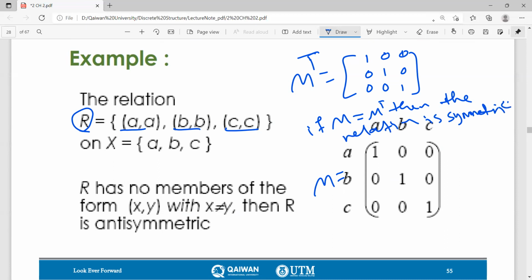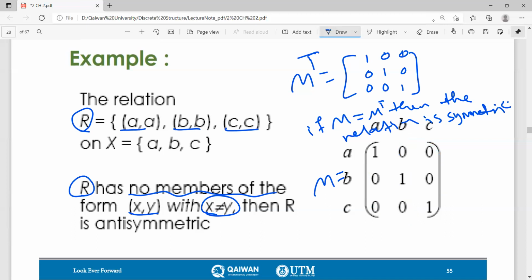That's symmetric. Is this relation anti-symmetric? Let's check. Look, R has no members of the form (X,Y) with X not equal to Y. We have no members here. So I can also say that the relation is anti-symmetric.